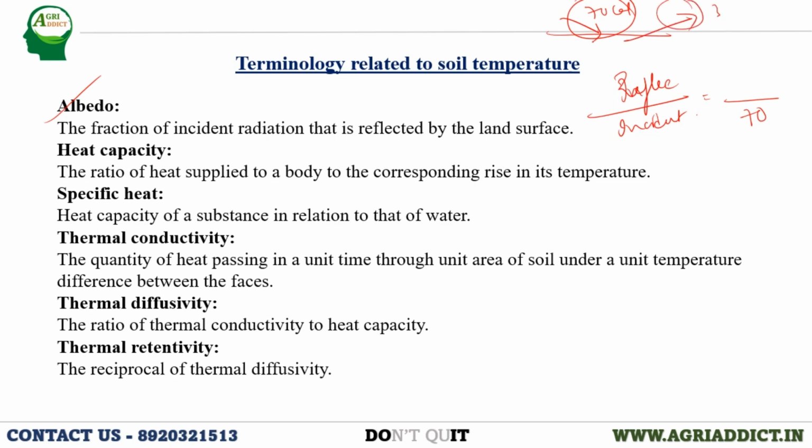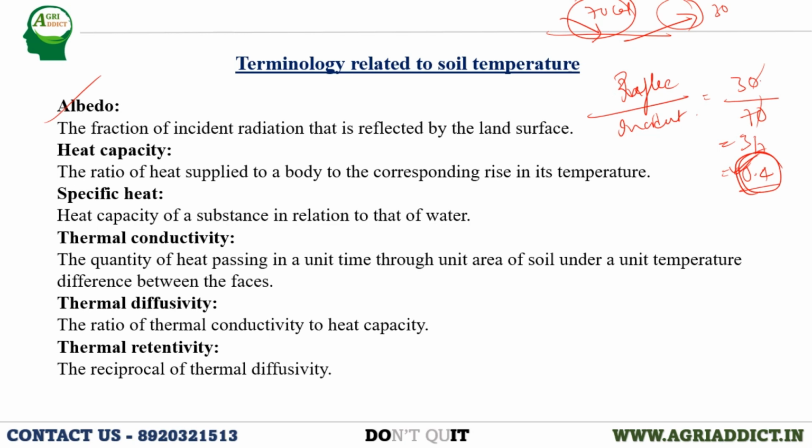If it is 30 calories, we take 30 by 70, 3 by 7, that means some 0.4 or so. This will be the albedo of the object. What exactly this value represents is how much the object is able to reflect the incident amount of energy.